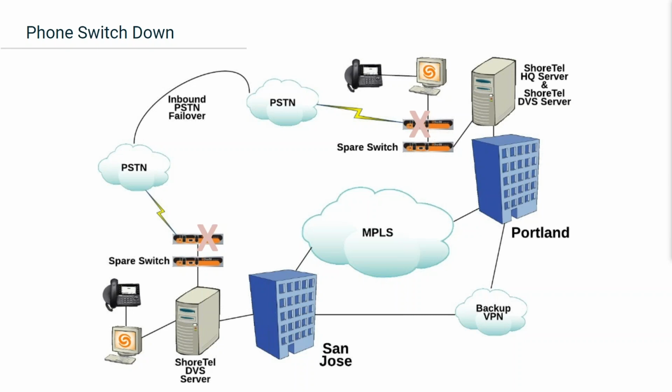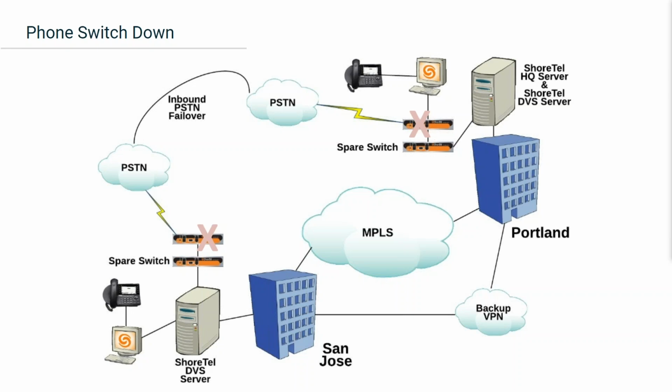So I wouldn't be able to handle all of the phones that failed over if there's more than 50 phones in that 90. So what would happen is the first 50 phones that register with that switch would fail over. The rest of them would go to no service. And there's no way to prioritize which phones fail over. It's just the first 50 phones that reach out to the 50 that fail over. So sometimes the intern's phone fails over to the 50 and the CEO's phone doesn't. So no way to control that.